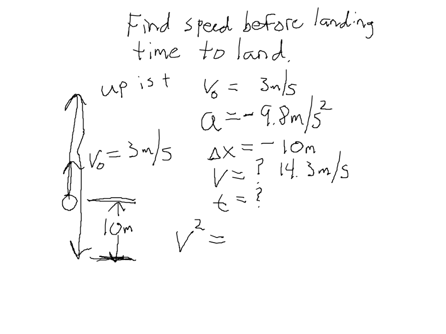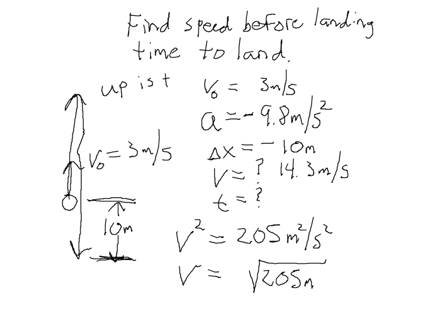We had v squared equals 205 meters squared per second squared, which means that v is equal to the square root of 205 meters squared per second squared.